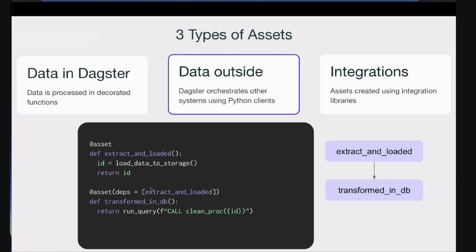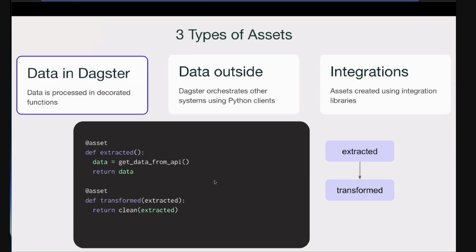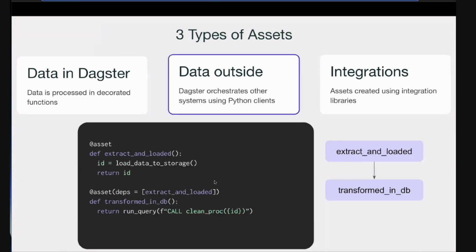In this example, again, we have two assets that we've defined: extract and loaded, and transformed in DB. Here we've explicitly stated the dependency by adding this dependency parameter, and then you just specify the name of the upstream asset. So as I mentioned, those dependencies can be inferred or explicitly called out, and in the inferred example, you would feed it in as an argument in the downstream asset.